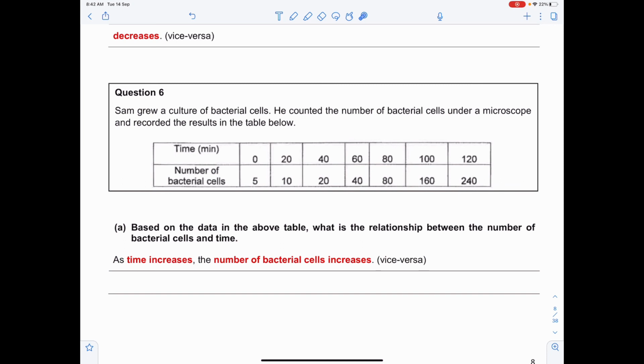Okay, this is another interesting one. Cell X is an organism that has features of both animal and plant cells. When cell X was viewed under the microscope, it was observed that part P had a green pigment which could be found in all parts of the plants.